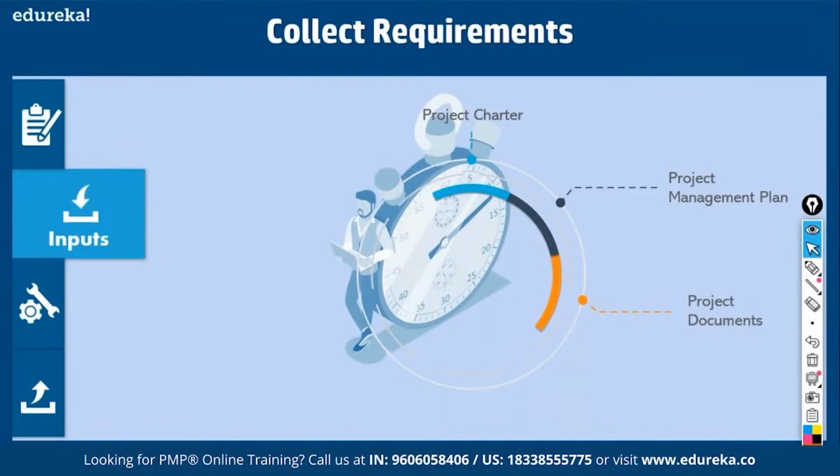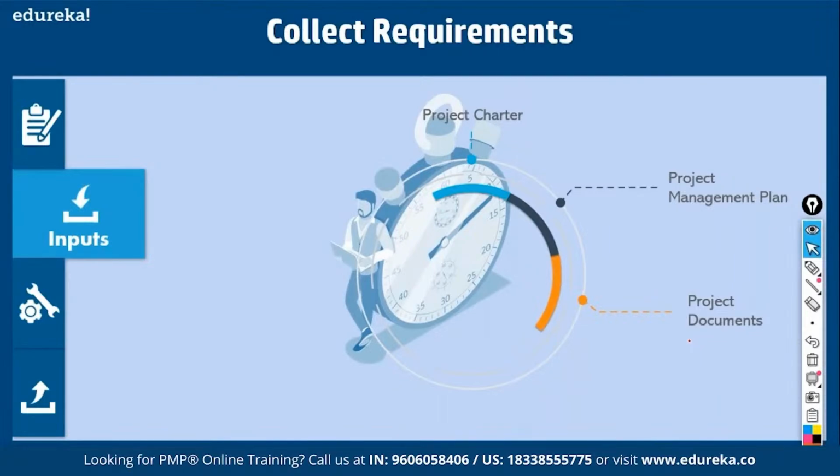See, there are two things in a project: it is either a plan or it is a document. Any document, for example, the business case. Before you launch a project, you have a business case. The business case tells you the high level requirements for a product. That will guide you. Then you have a plan called the benefits management plan that tells you how to manage benefits. So there are a lot of project documents. These will guide you in collecting requirements.